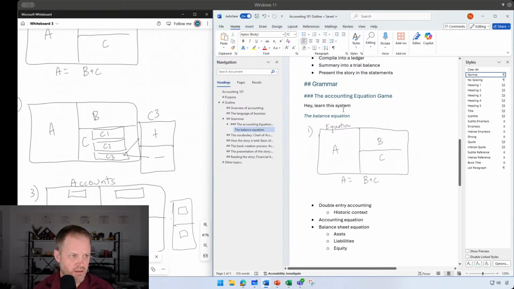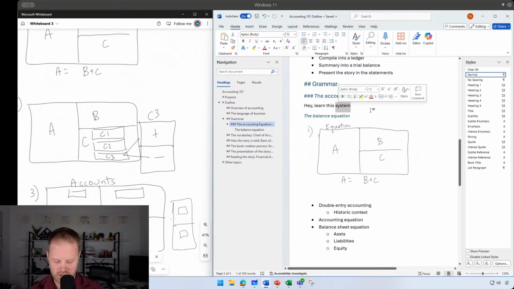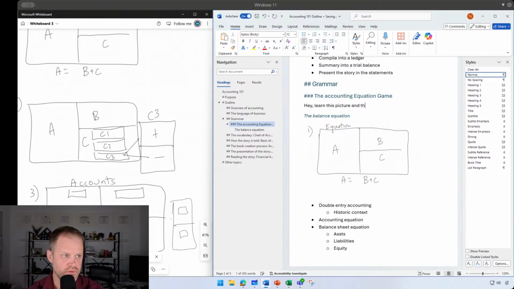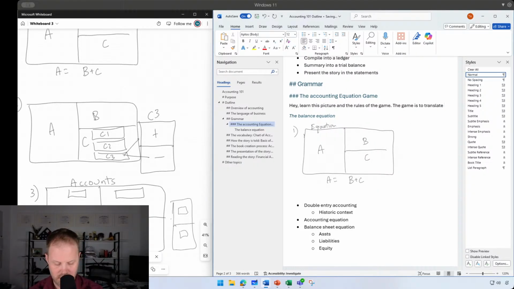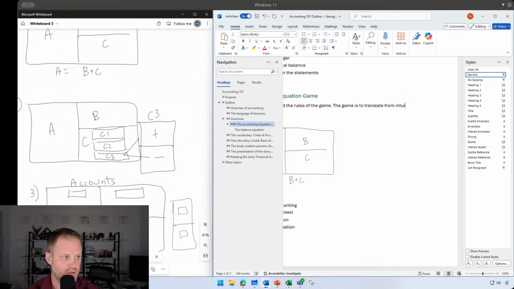Then I learned this picture and the rules of the game. The game is to translate from intuitive, or from business activity, to the system.